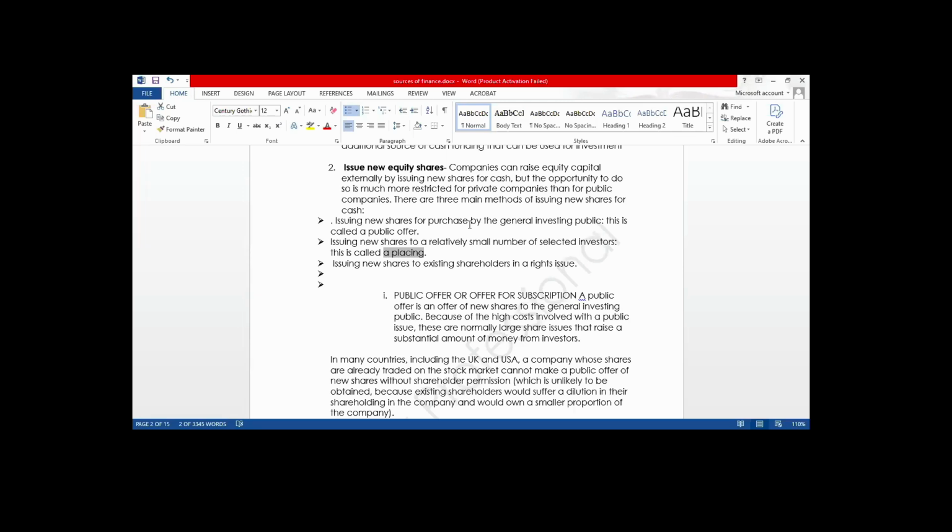Placing is usually used when a company is planning to raise a small amount of money and the cost involved is relatively low. The cost of placing is cheaper than the cost of public offer. Placing can be done by public companies.